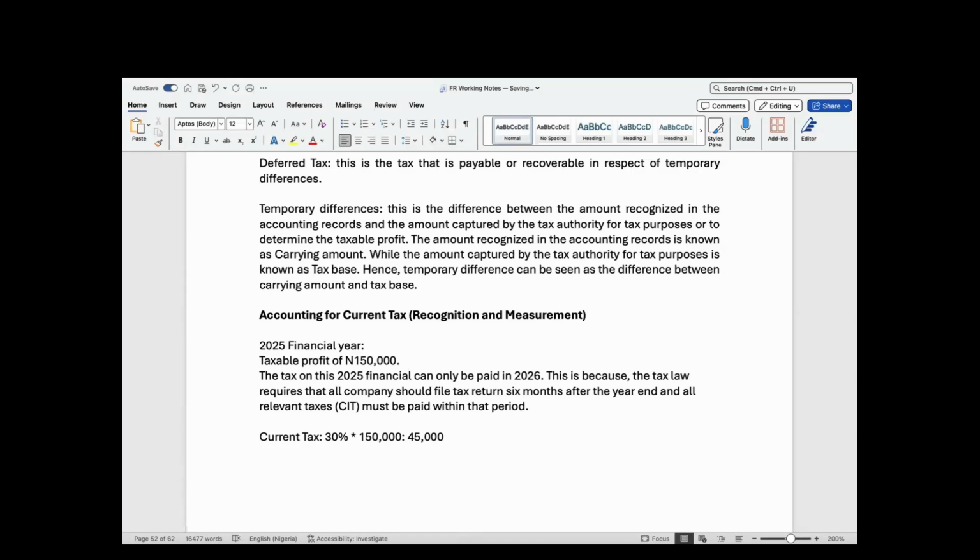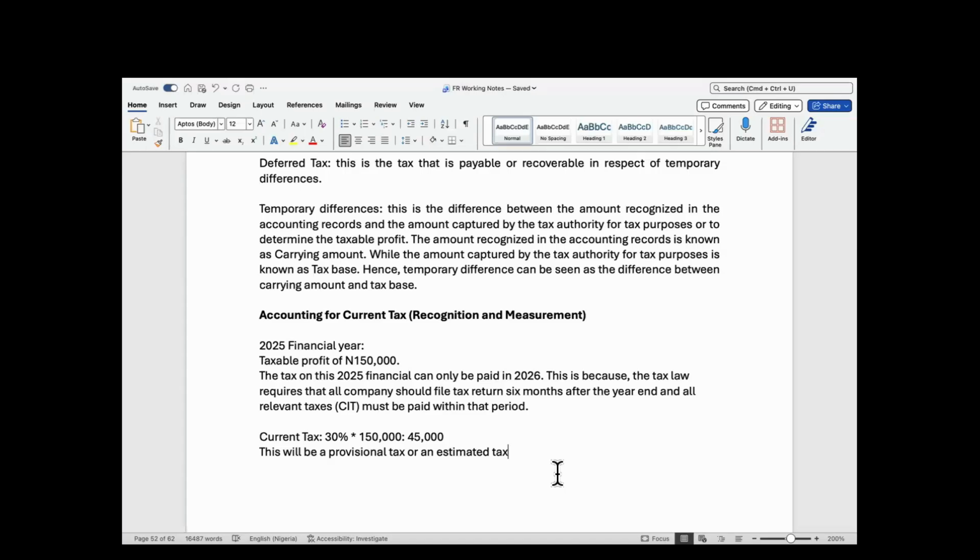Now, usually when this current tax is determined as 45,000, we usually call it a provisional tax. This would be a provisional tax, or an estimated tax, in the sense that that's your own computation, just for the purpose of filing returns.